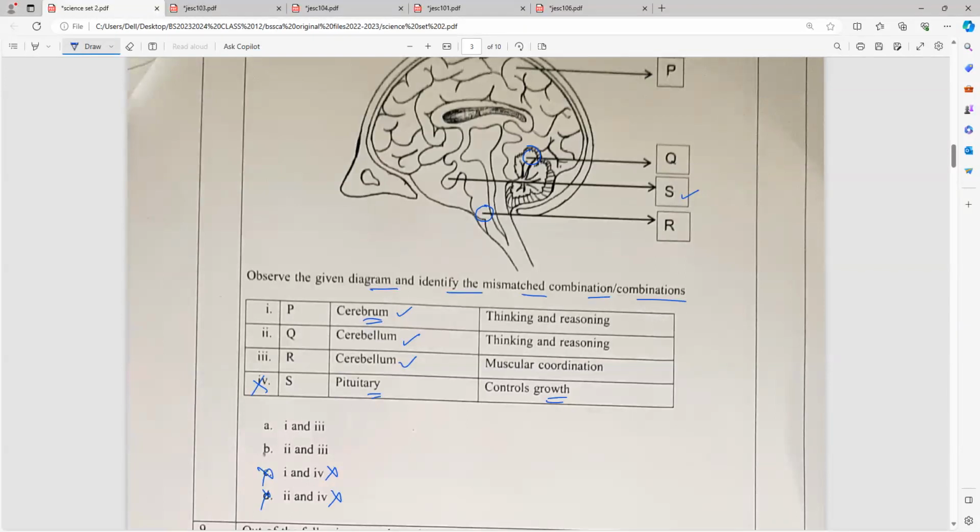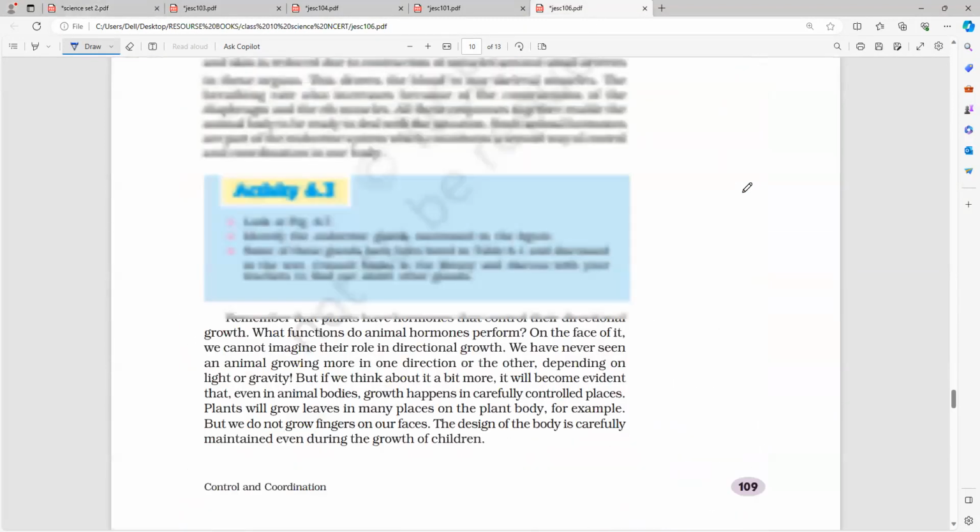Next well-known thing: cerebrum. What is the cerebrum?